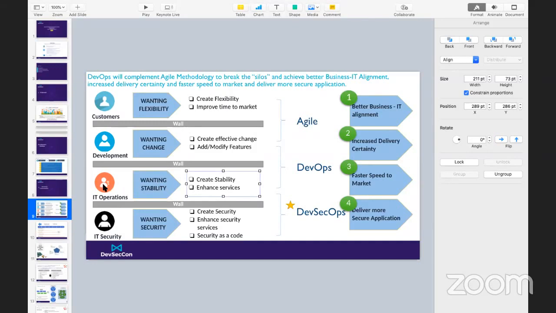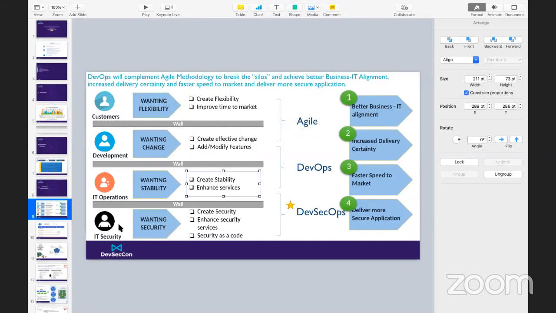So DevOps will give some benefit called faster speed to market. We can achieve all 3 of these if we do DevOps. And how about IT security? Is it always left behind? The security is always on the right.